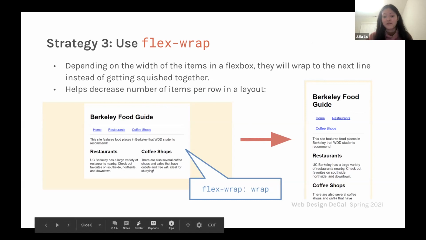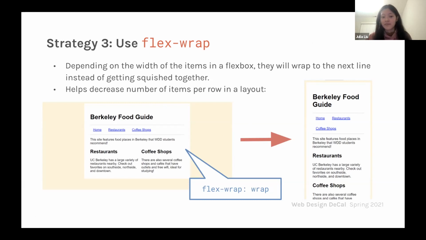If you apply flex wrap to the row div, instead of the container div, that will tell the row that all of the items within it abide to a flexbox container layout. On the right side, you can see that instead of the columns being all on one row, it's divided onto different rows, and that's a lot more clear and easy to read.